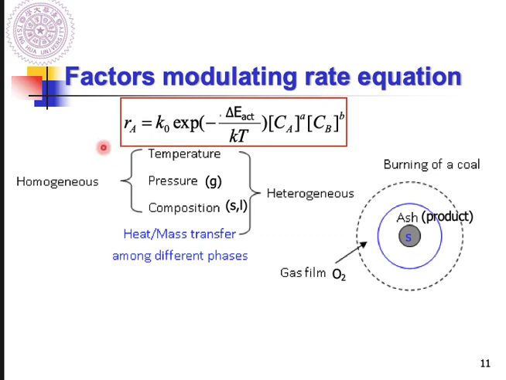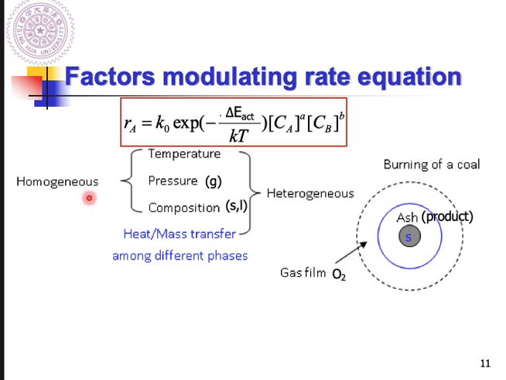As you know, the rate equation can be expressed like this. It includes the rate constant, which reflects the energy barrier and working temperature, and also the concentration of reactants and corresponding stoichiometry coefficients or the reaction orders.